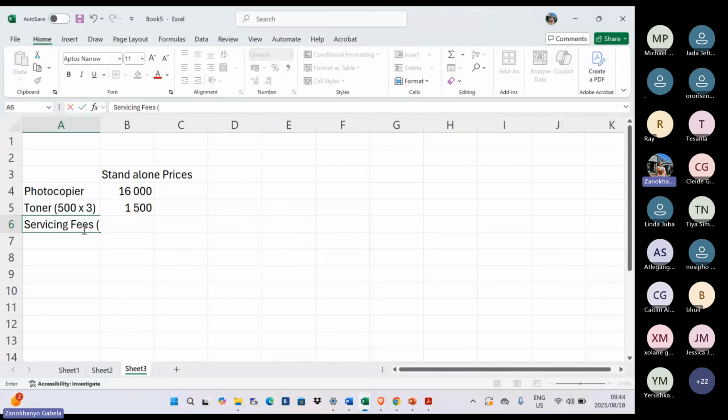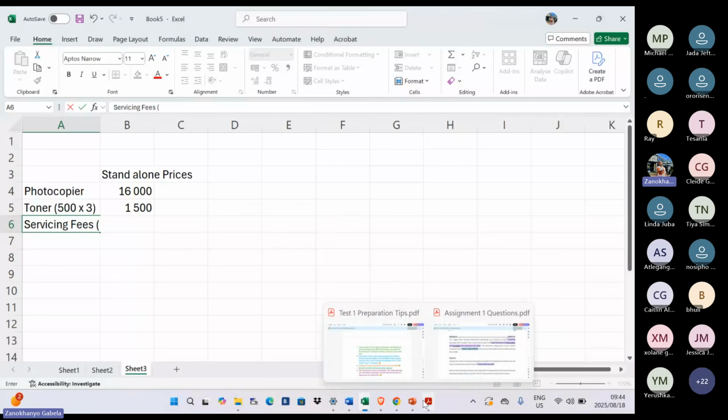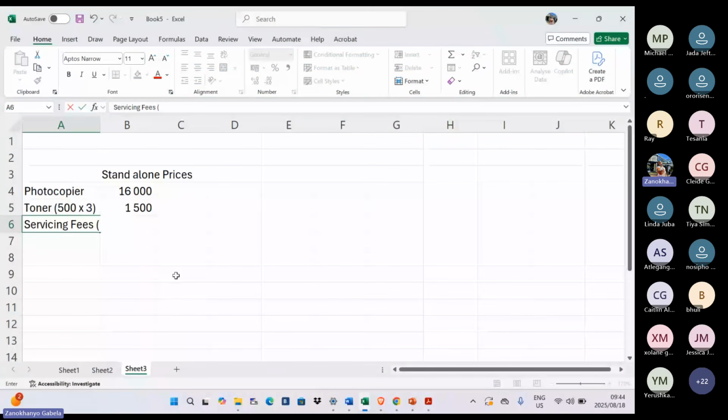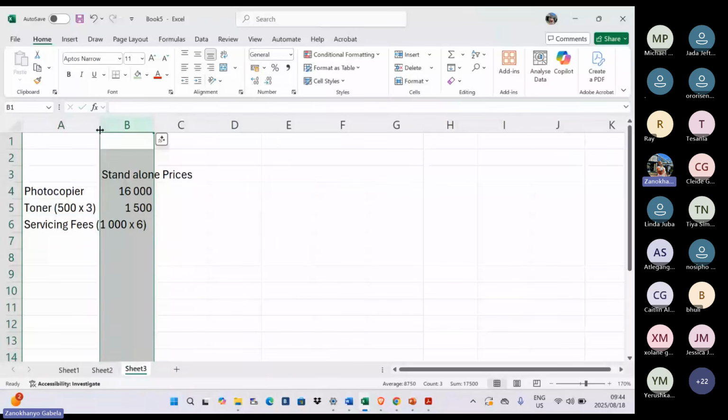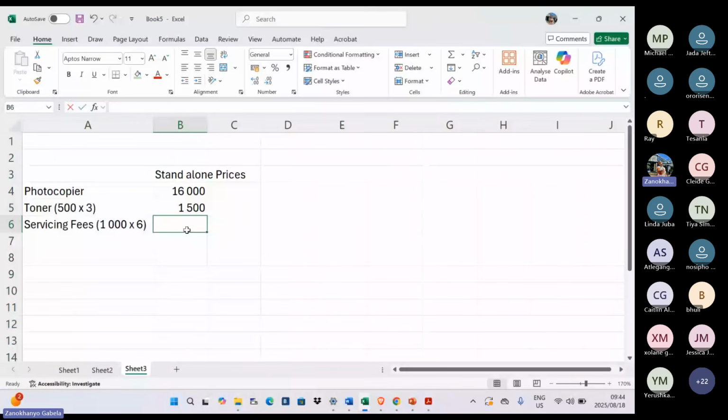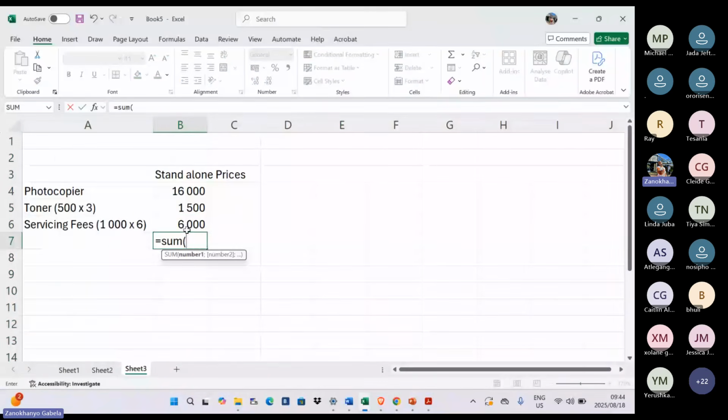I think it's 800. Oh, it's 1,000. 1,000 multiplied by 6, because it's going to be supplied over a period of 6 months. That's 6K. Then let's find the sum of all of these.